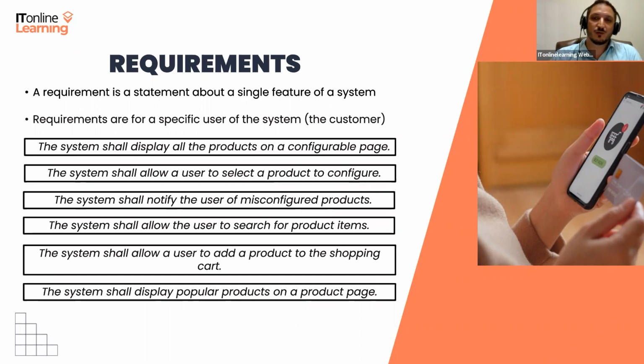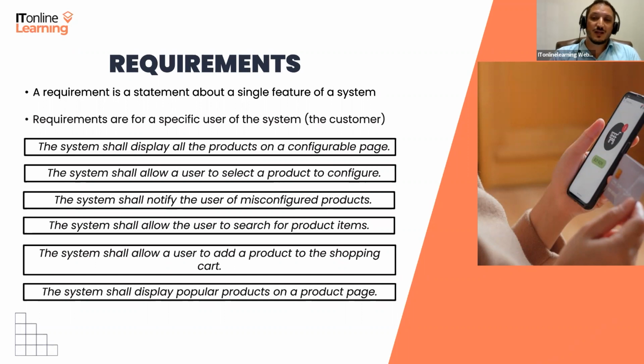So if there were situations where the products weren't available or they haven't configured the items in the product, this requirement, this statement is telling the developers that the system must notify the customers that the products have not been configured correctly. So they may need to go back to the system and select the right configuration items.